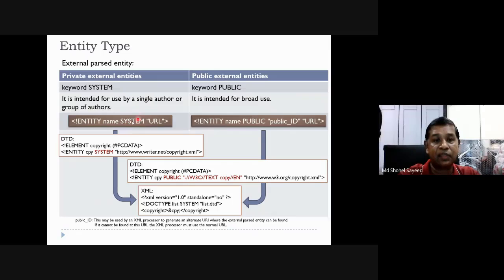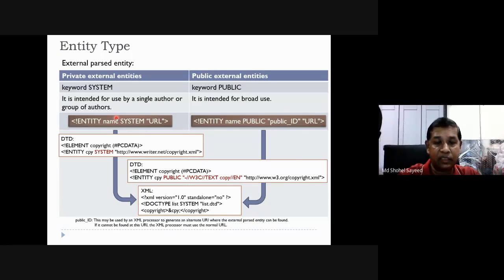That is the keyword SYSTEM that is used for private external entities. Then you put the URL, the source. In case of public, you have to define ENTITY, name, PUBLIC, then the public ID, then the URL.